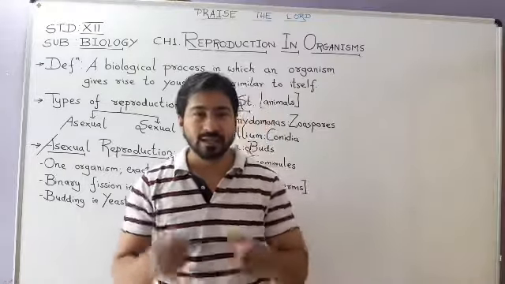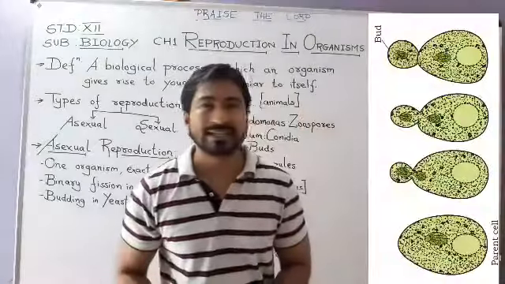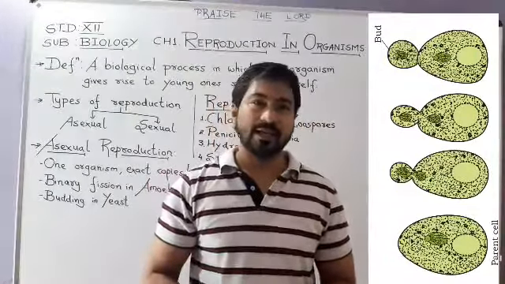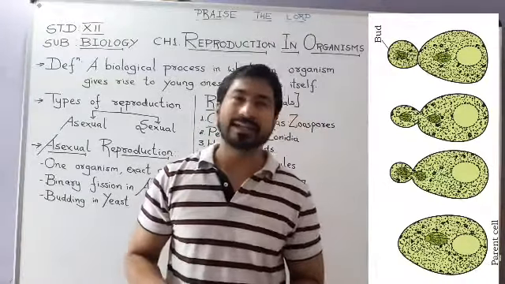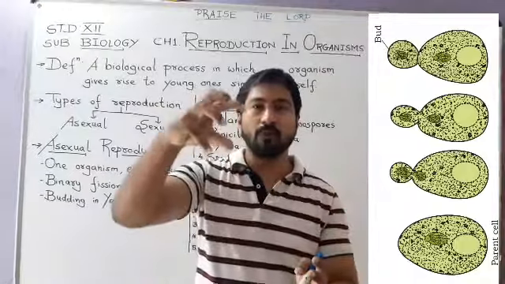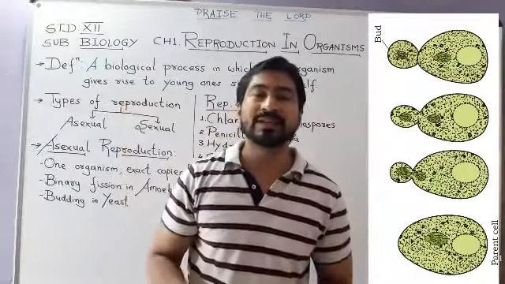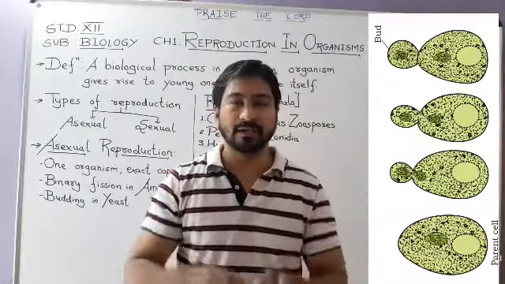In a similar way, one more major example is budding in yeast. Yeast is likewise a unicellular organism. Here, in yeast, a small outgrowth is generated, and that small outgrowth is known as a bud.